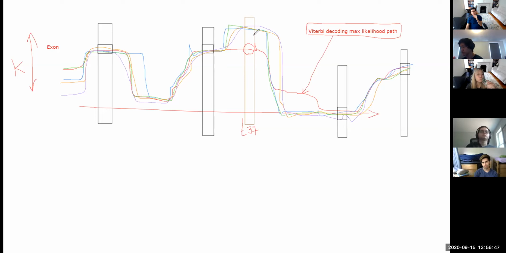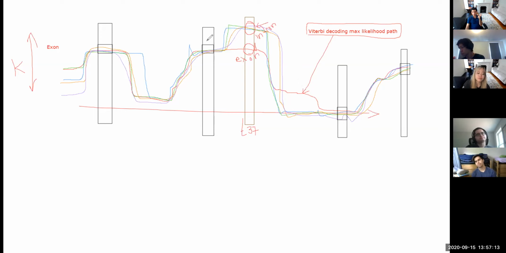But now, if I look at all other paths, they seem to disagree. They're all saying, no, no, no, you're in an intron state here. You're clearly not an exon. It's only the maximum likelihood path that told me that I'm in an exon here versus an intron.